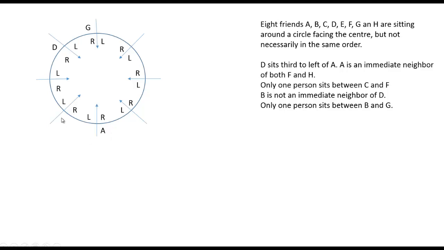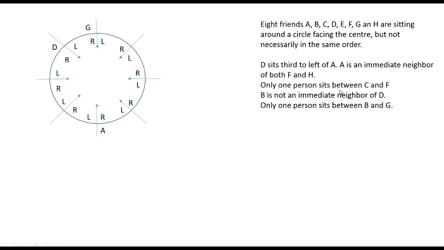So F will be this or F will be this, because this side is also a neighbor and this side is also a neighbor. H can be to this side or either to this side. So here we cannot specify the actual position of F and H. So friends, skip this and go for the next condition.